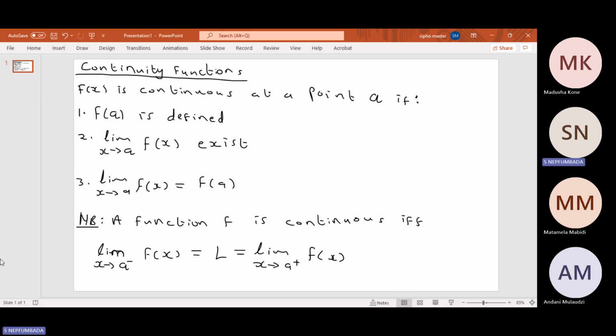In other words, the function is continuous if the left-hand side limit is equal to the right-hand side limit. Are we still together?